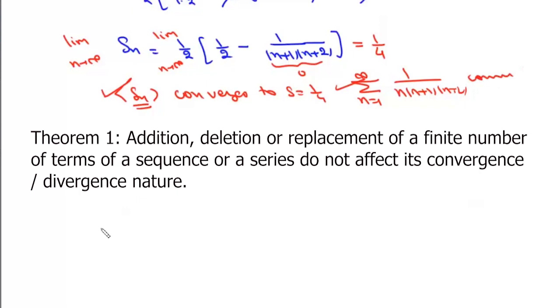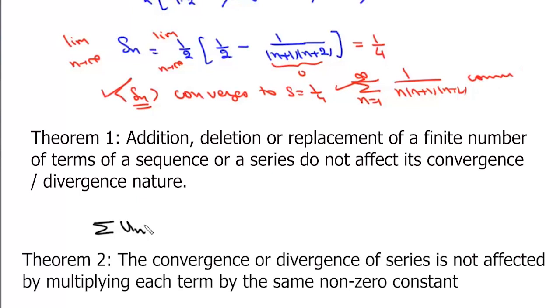So if we have any infinite series summation un, if we add, replace or omit a finite number of terms, it will not change the nature of convergence of the series. And the second theorem is, if each term of the series is multiplied by a non-zero number, then also convergence of the series remains unchanged. So these are the two theorems which we are going to need while discussing convergence of infinite series.